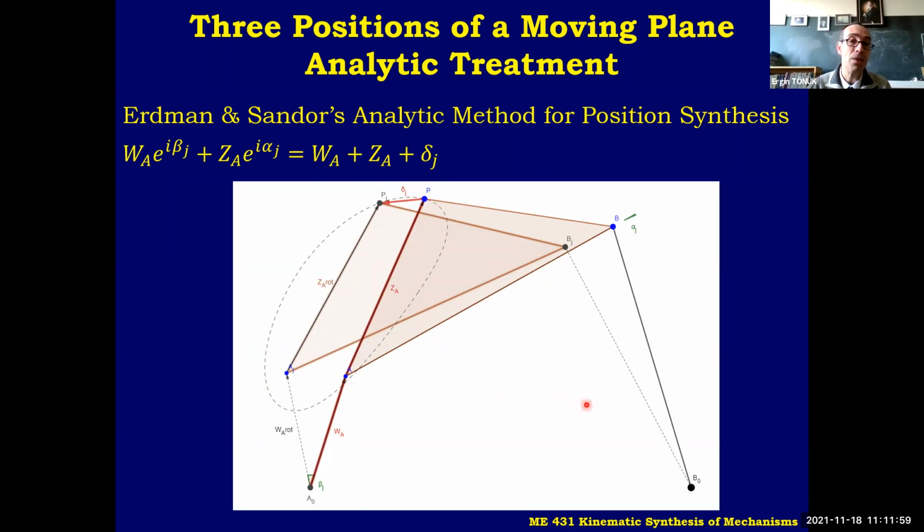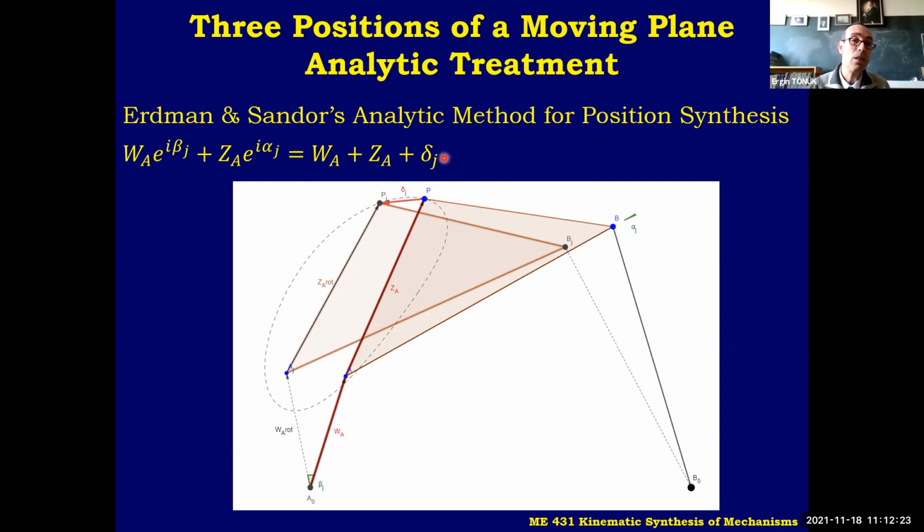Then the mechanism moves to another position, which is called position J. So J is something that is different than 1. It can be 2, 3, 4, 5, as we will see, okay? So this is position number 1. This is position number J, which is different than 1.